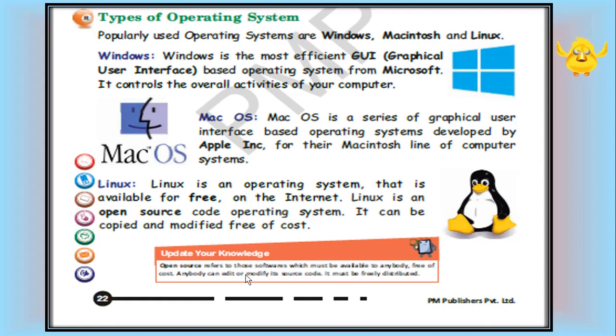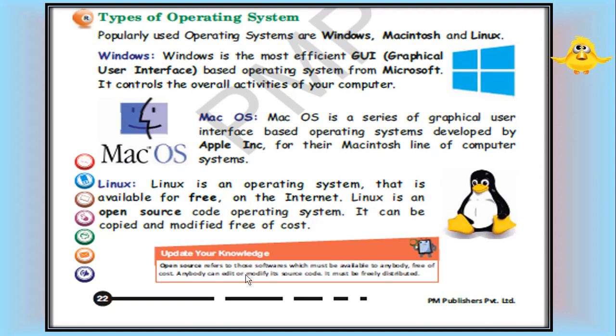Types of operating system. Popularly used operating systems are Windows, Macintosh and Linux. Windows. Windows is the most efficient GUI, that is graphical user interface, based operating system from Microsoft.